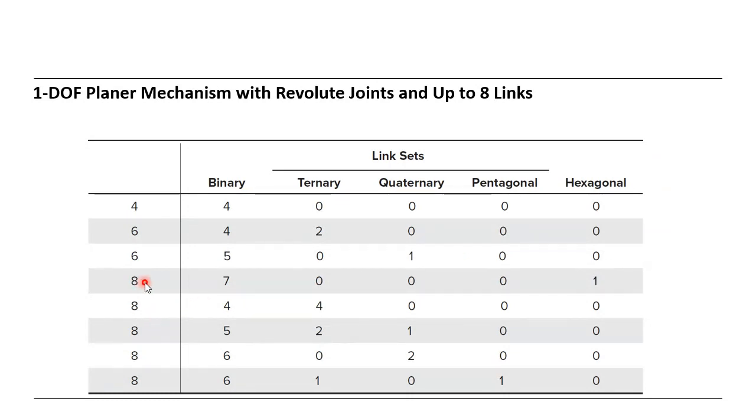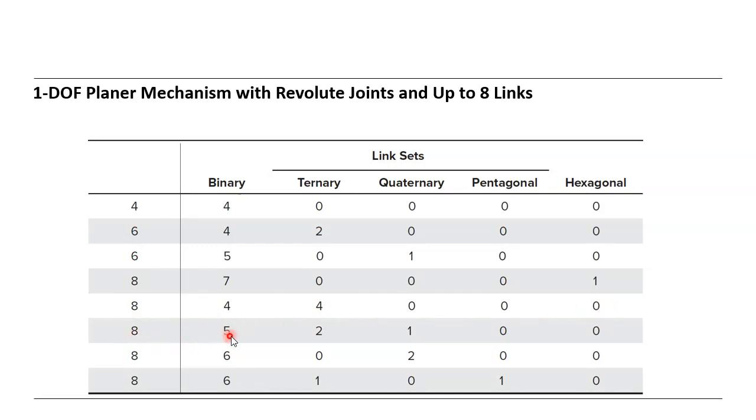And for the 8-bar mechanism, we have 1, 2, 3, 4, 5 possibilities. One of them, we use 7 binary and 1 hexagonal, and another one 4 binary, 4 ternary, and finish.